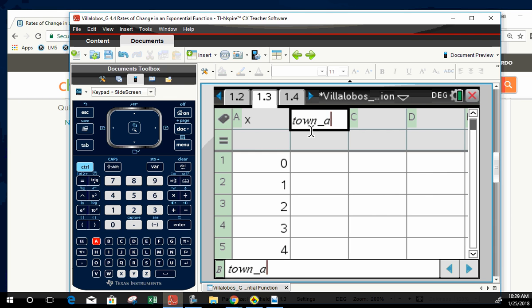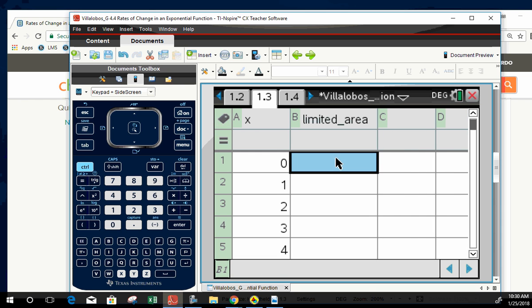Town area, squared kilometers, limited. Limited town area. Limited area. Okay, so that's limited area.